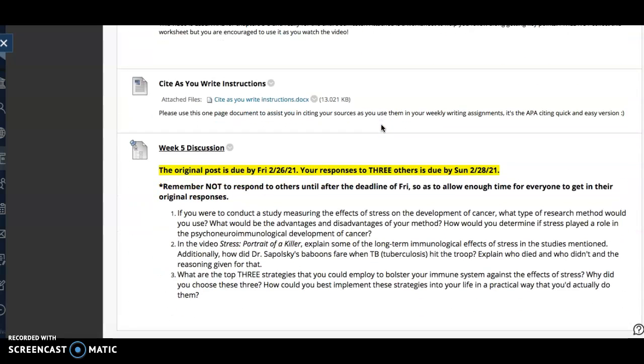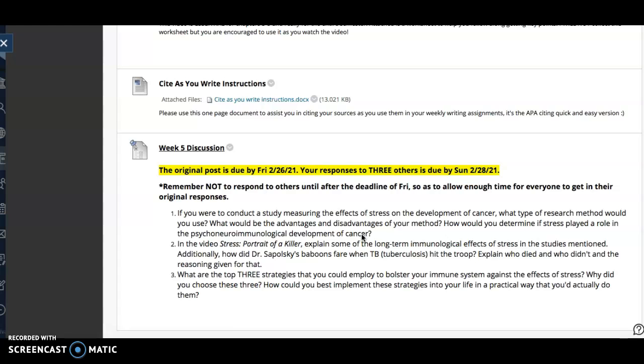As you'll see in the discussion posts for this week, you're going to be incorporating the video again. The first question asks, if you were to conduct a study measuring the effects of stress on the development of cancer, what type of research method would you use?